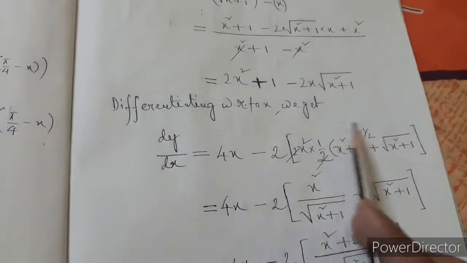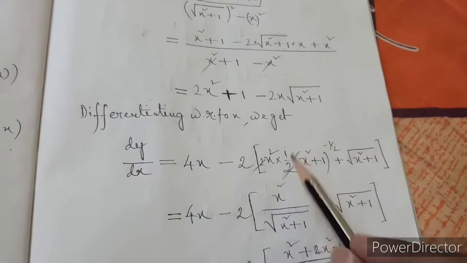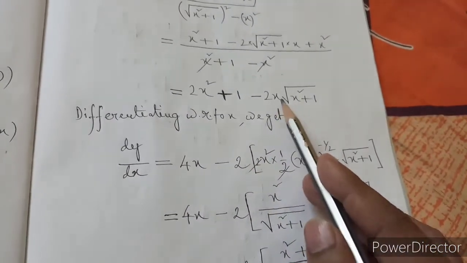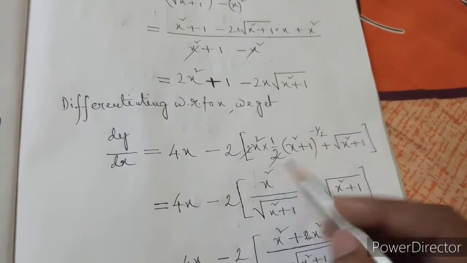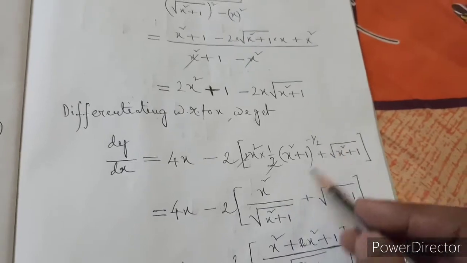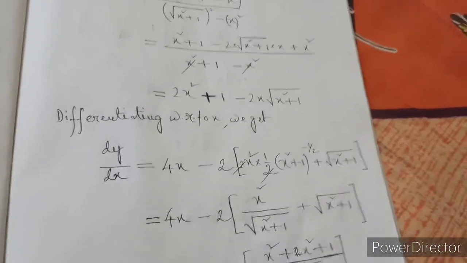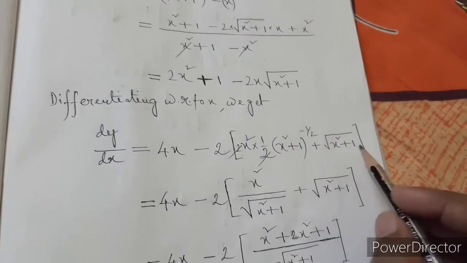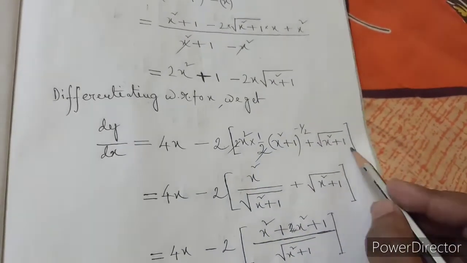So now differentiating with respect to x, we get 4x, and now by the UV formula, 2 is common. So x into the derivative of root, that means half of x square plus 1 to the power minus half, into the derivative of x square plus 1, which is 2x. So x into 2x means 2x square. And plus this one is constant and the derivative of x is 1, so root under x square plus 1.